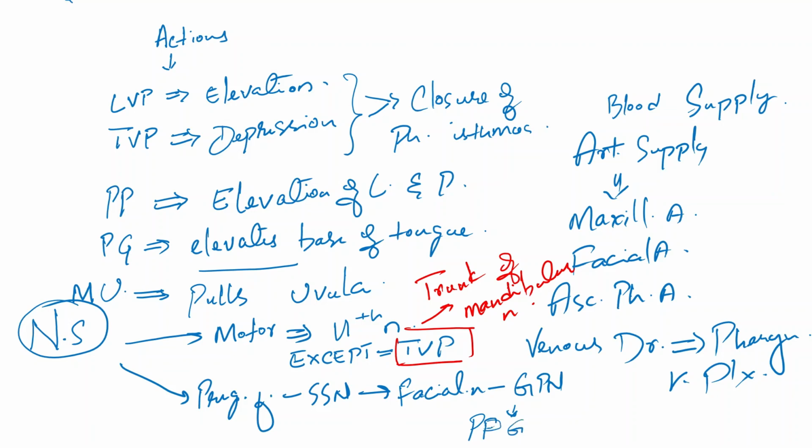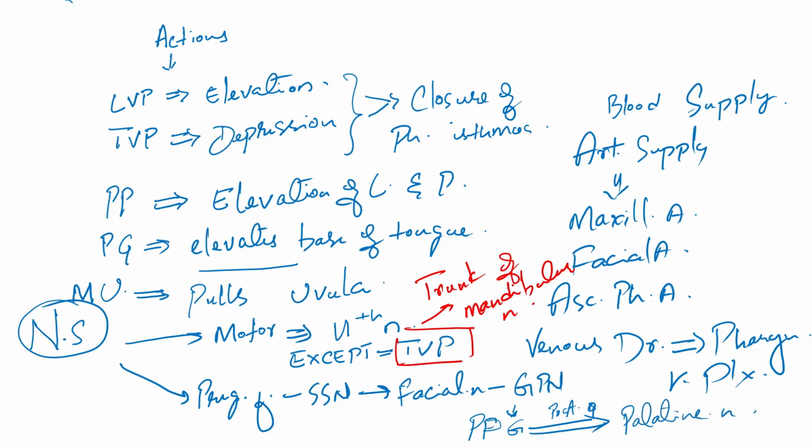The postganglionic fibers from the pterygopalatine ganglion reach the palatine glands through the palatine nerves, the greater and the lesser palatine nerves.